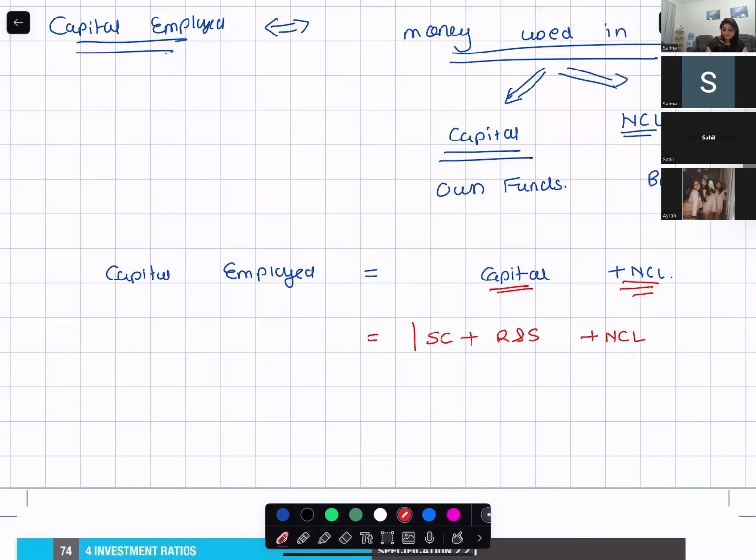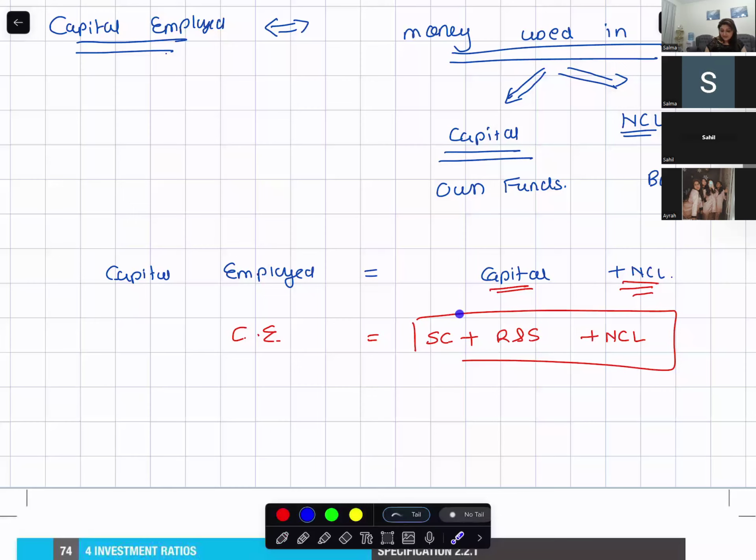Are you with me? When I am talking about capital employed, it is shareholders' funds, that is your share capital, plus your reserves and surplus, plus your non-current liability. Are you with me? Yes.